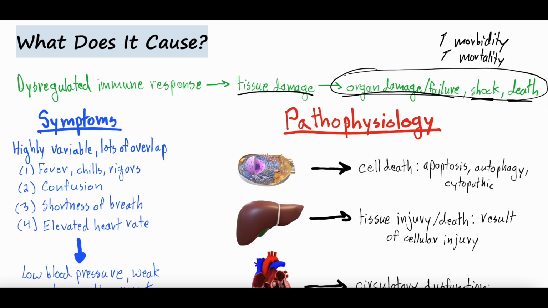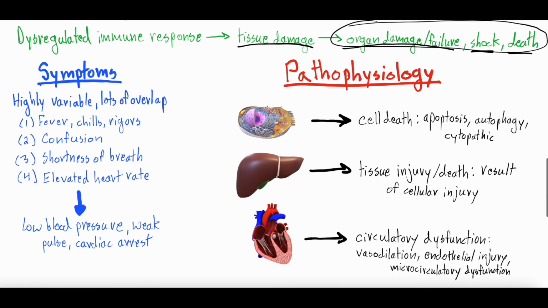So beyond that, when you are septic, when you have an infection and your immune system starts to run rampant, what symptoms can you expect? Well, this is tough because it's highly variable and there's lots of overlap with these symptoms and just normal things, right? Let's say you have the flu, but you're not septic. You still might get fevers and chills and rigors.